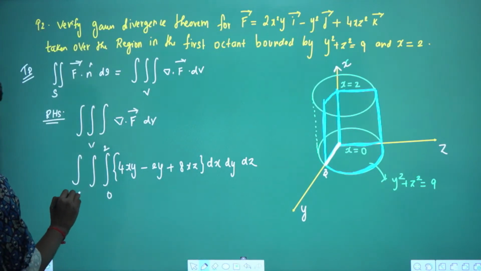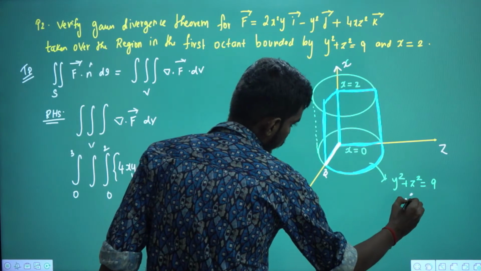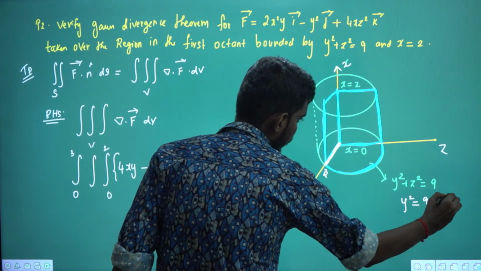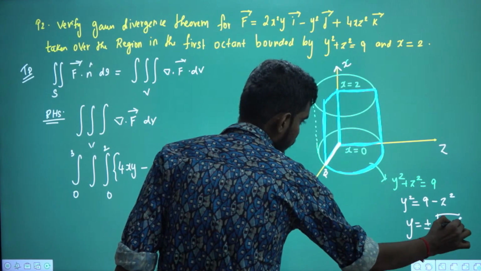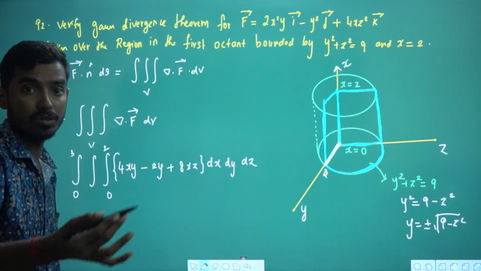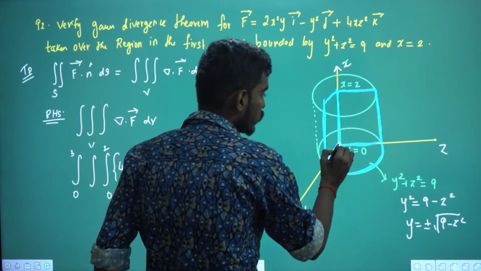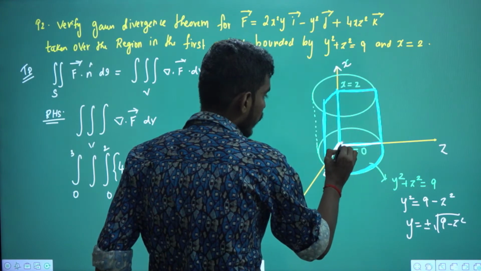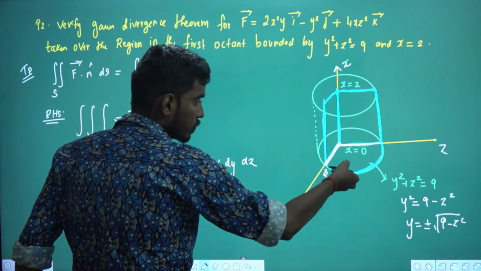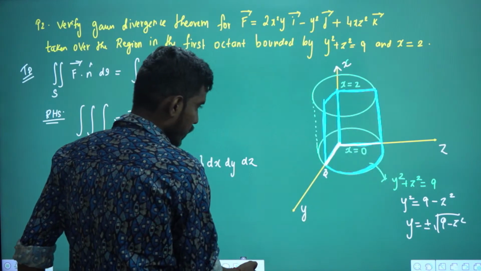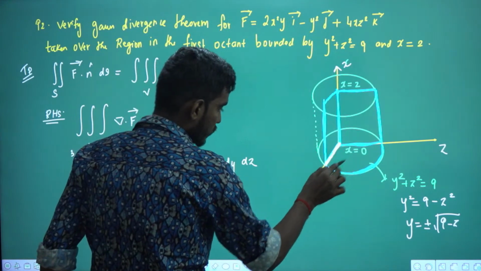If z varies from 0 to 3, then y square will be 9 minus z square. So y will be plus or minus root of 9 minus z square, but you don't take both because y varies from 0 to this only. So you can either choose z varies from 0 to 3 and vary y, or choose y varies from 0 to 3 and vary x. But here I am taking z varies from 0 to 3.